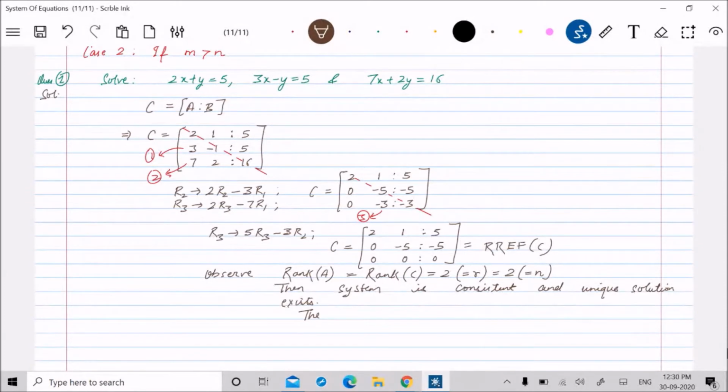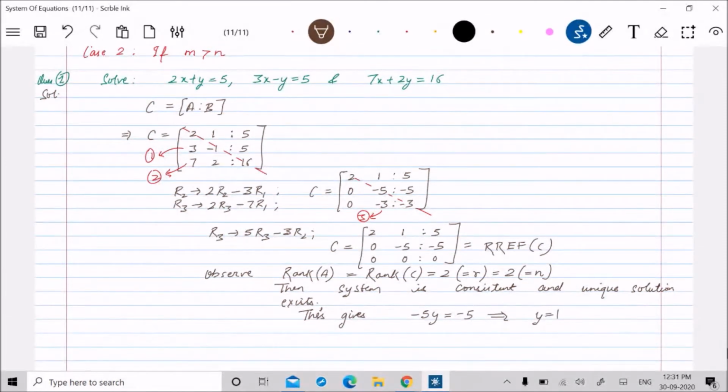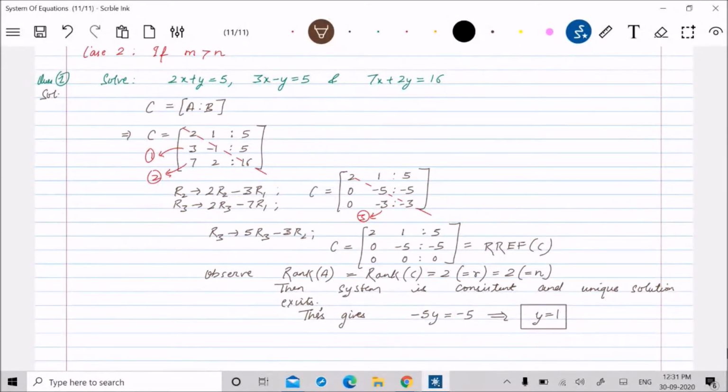The last matrix gives minus 5y equal to minus 5, and that immediately gives you y equal to 1, right? And the second one, 2x plus y equal to 5, and if you put y equal to 1 here, then you will get x equal to 2, right?